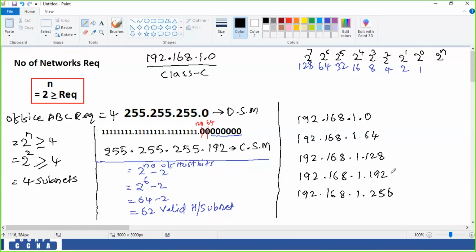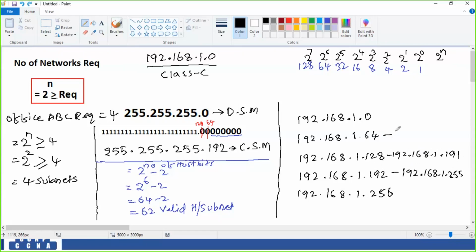So, very simple: for broadcast IDs, you just write the IP that comes before the next network ID. Before 256, the number is 255. Before 192 is 191.